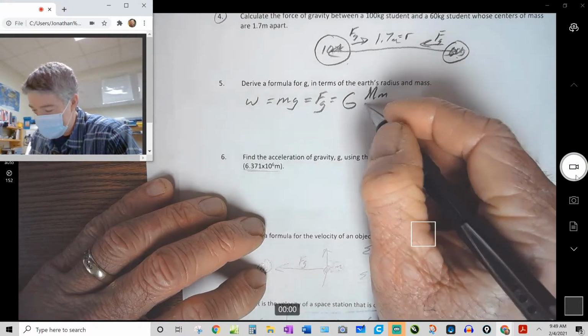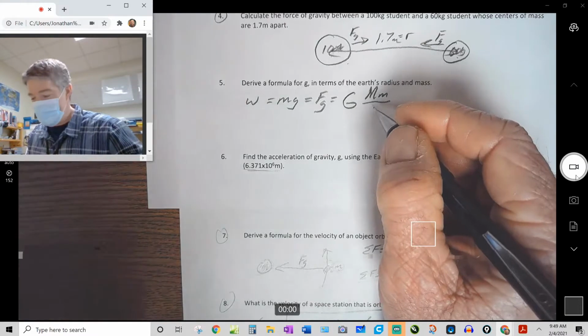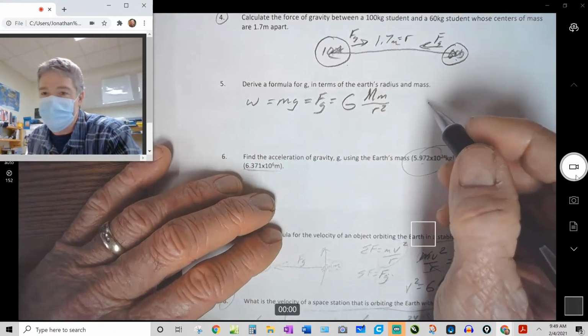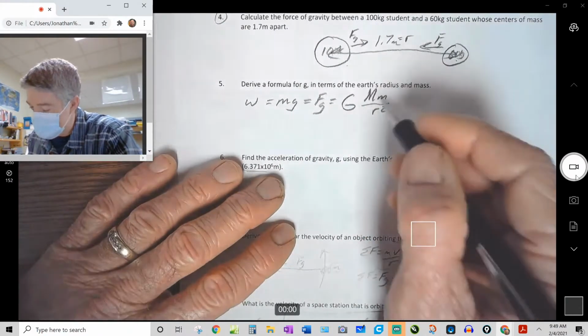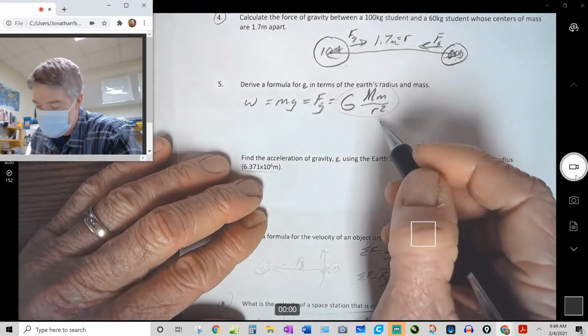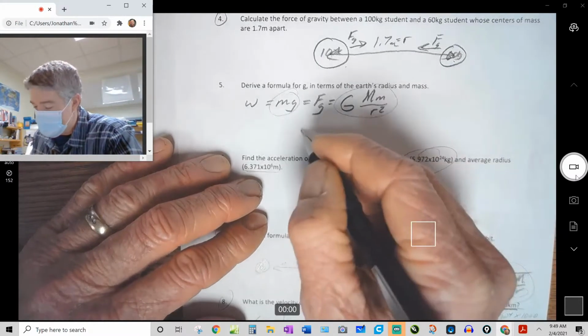You've got to have two masses to have gravity. I have some mass, the Earth has mass, so together we have a gravitational attraction. So this is weight, this is also weight, so these two things are equal. So I'm just going to write them like this.